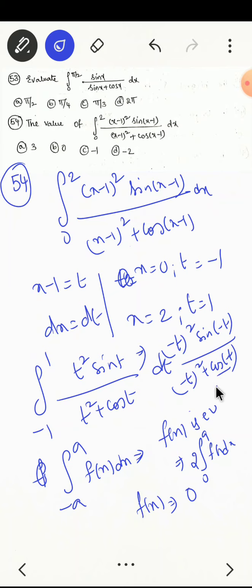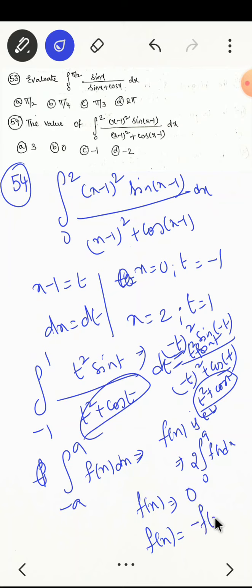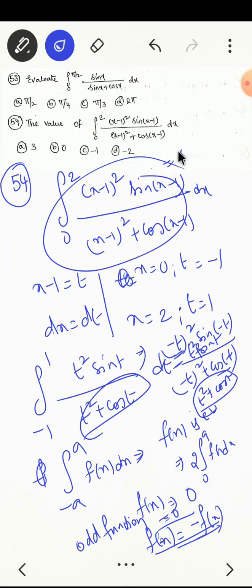So cos of minus t is cos t, minus t whole square is t square. So there is no change in the denominator. Here this is t square, but this is minus sin t. So I am getting f of minus x is equal to minus of f of x. As I was saying, such type of function we call an odd function. So since it is an odd function, the value of the entire integral will be 0 directly. So option B will be the correct answer.